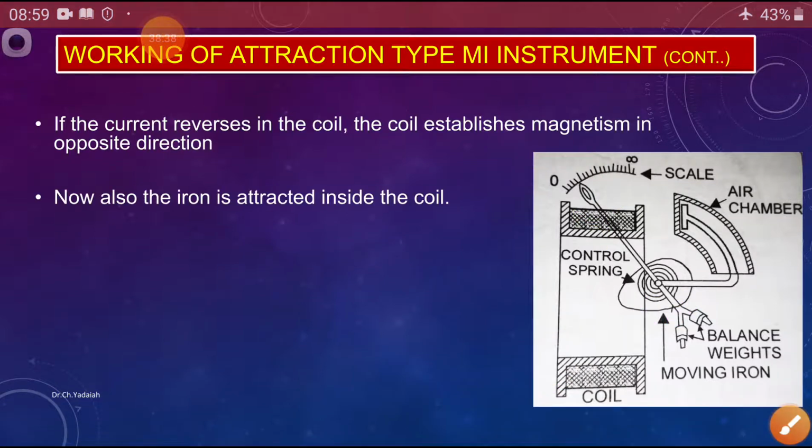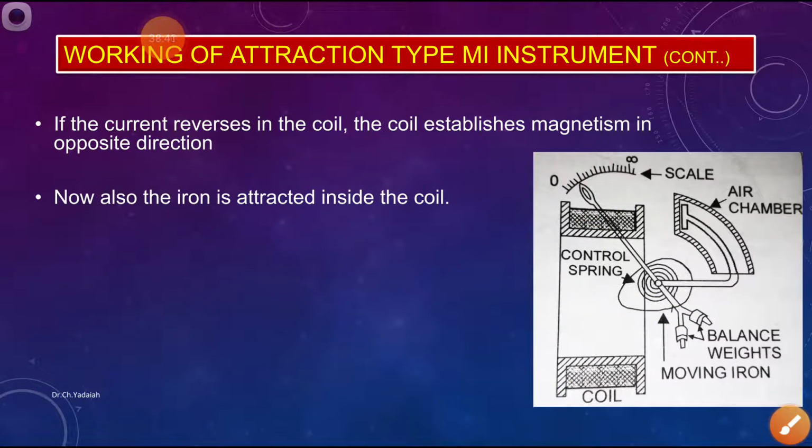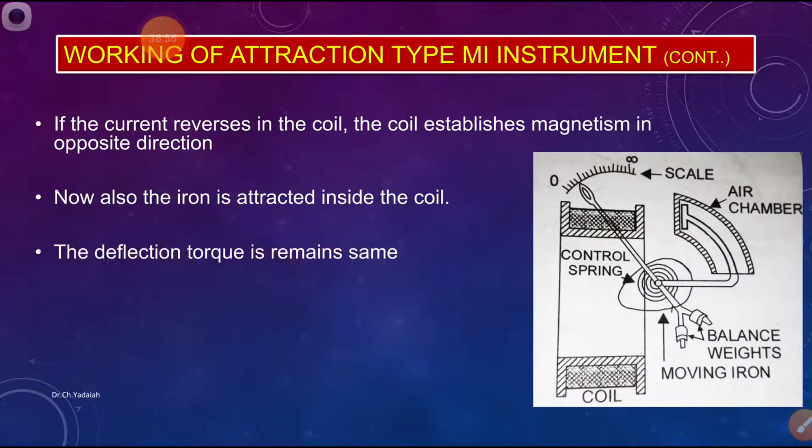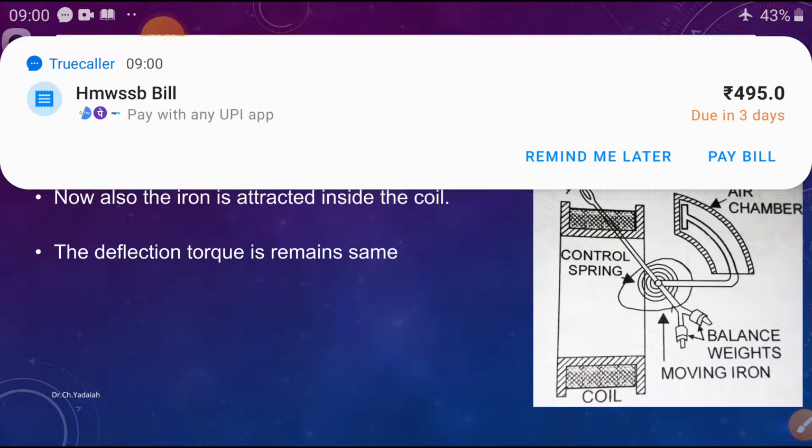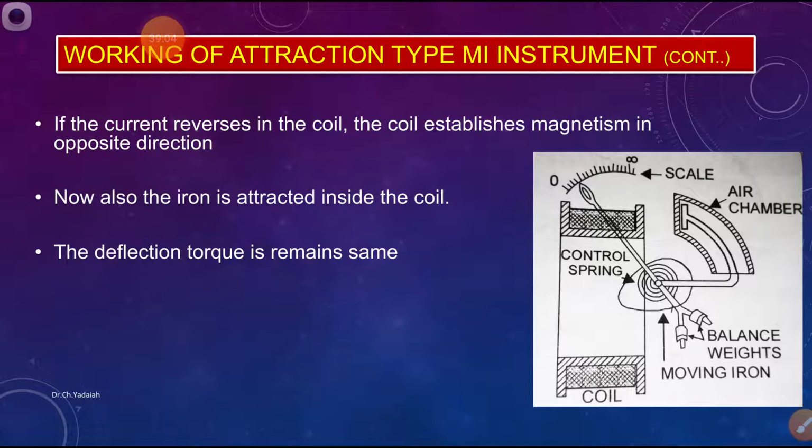Still, the iron is attracted inside the coil whether in this direction or that, because the magnetic field attracts the iron piece whether it is a north pole or a south pole. The deflecting torque remains the same. Td is the same whether it is north pole to south pole or south pole to north pole.